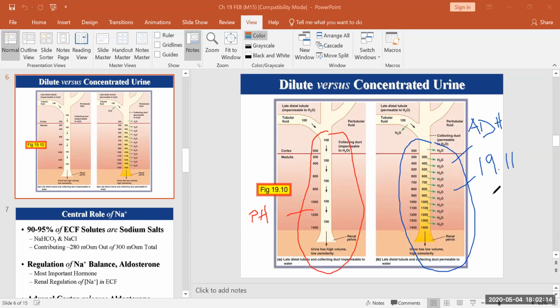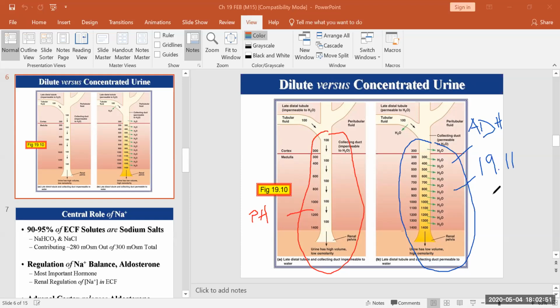There's an ADH receptor, which activates the G protein, and then the rest is history. We learn about that. Ultimately, activating protein kinase A, and that PKA, protein kinase A, induces the insertion of aquaporin number 2 onto the plasma membrane, onto the apical membrane of those cells. And those cells are called principal cells that are lining the wall of the collecting duct.